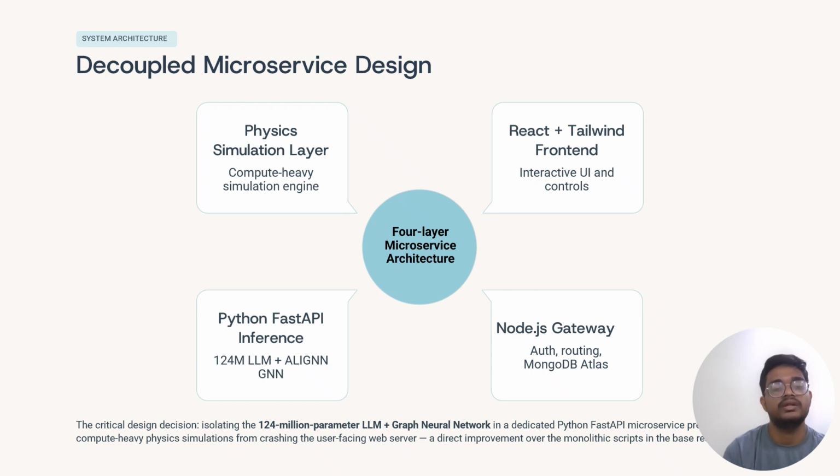One important design decision was separating the AI models from the web application. Initially, all the components existed in a single backend. Heavy simulation caused timeouts and performance degradation. By isolating the AI inference into dedicated microservices, we improved scalability, stability, and maintainability. The architecture design was critical as the model complexity increased.